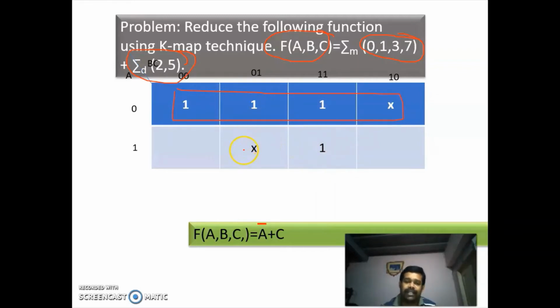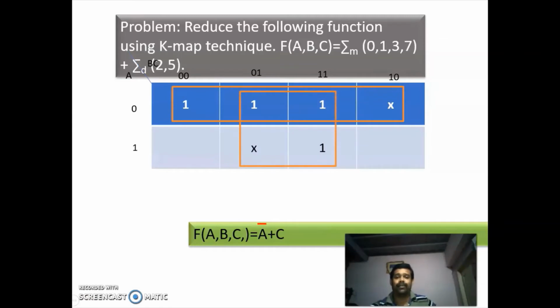If you consider this X as 1, then you can have another quad. So the expression for the first group is A bar, and the expression for the second group is C.